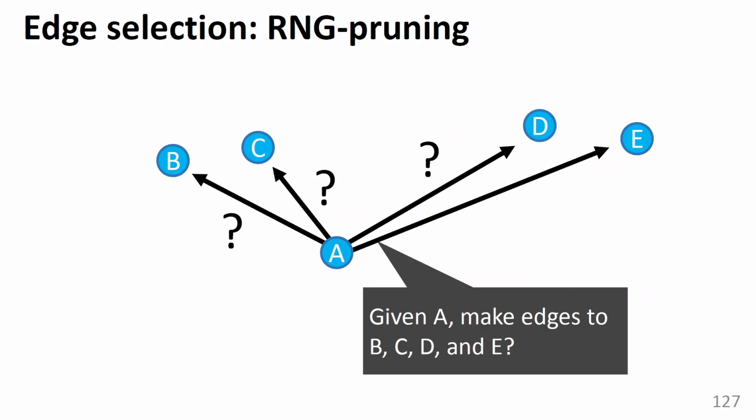Here is an example. We are given a node A, and we want to make edges with its neighbors. All of them are neighbors of A, but not all neighbors have to create an edge with A. We can choose, so how to choose?